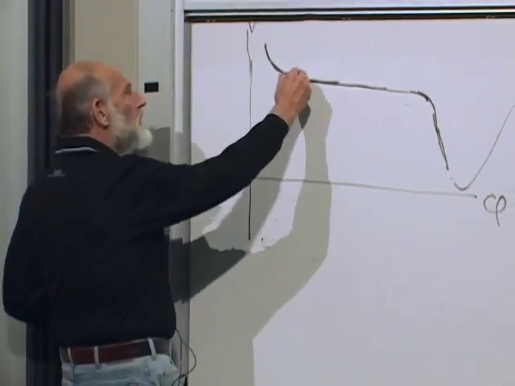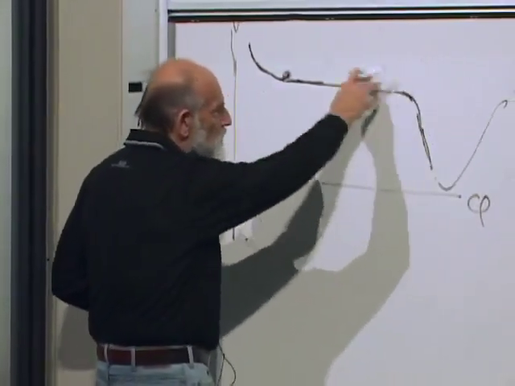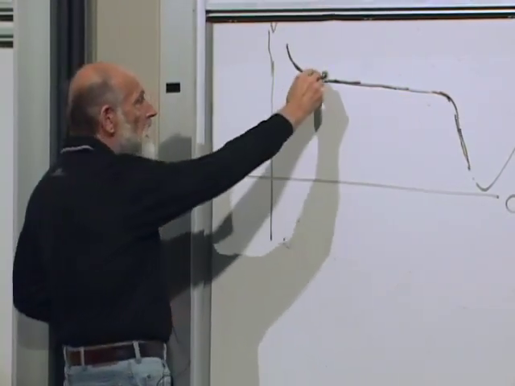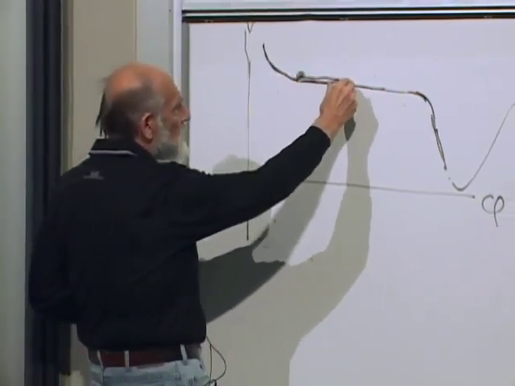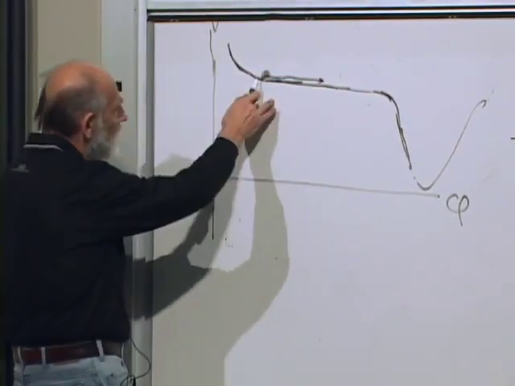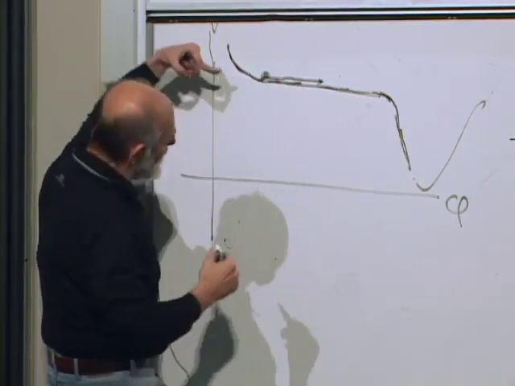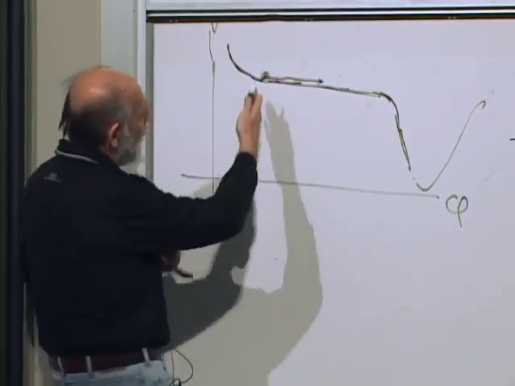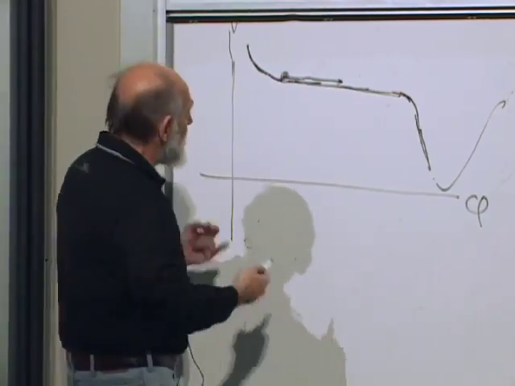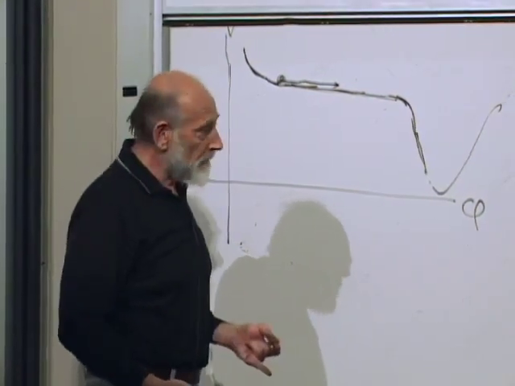So if this were a particle moving on a potential energy surface like this, it would slowly, slowly, slowly move down under the combined effect of the slope of the potential, which is a little bit of a push in this direction, and at the same time the viscosity would keep it moving slowly. It would stay at this level for a long period of time.